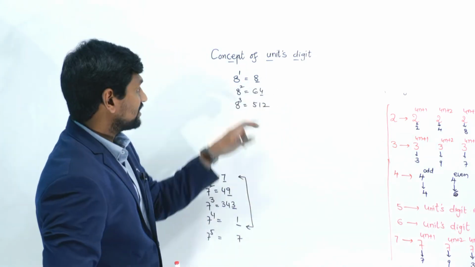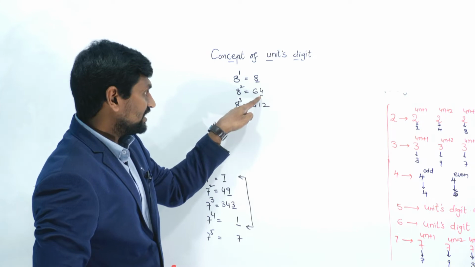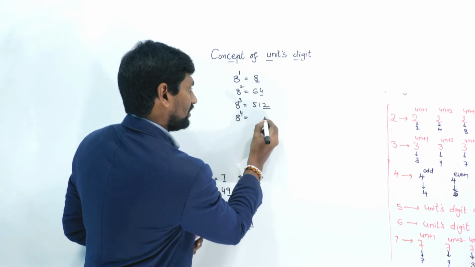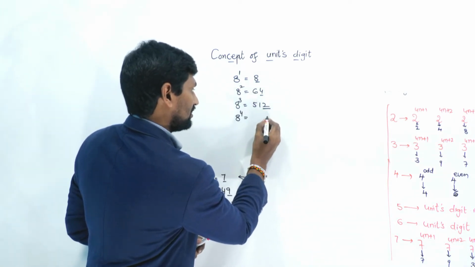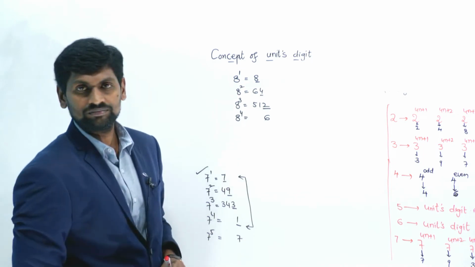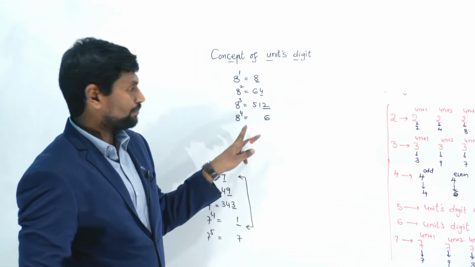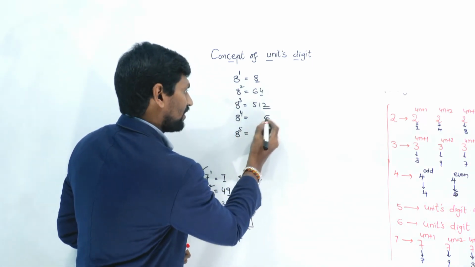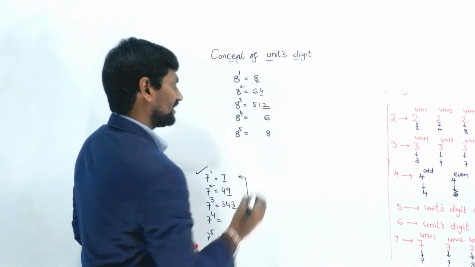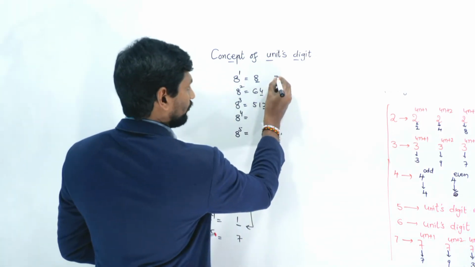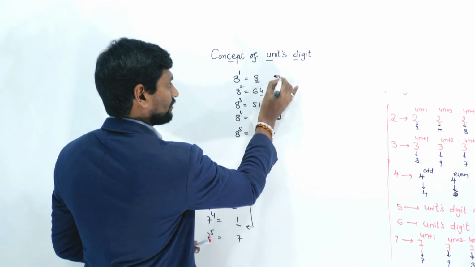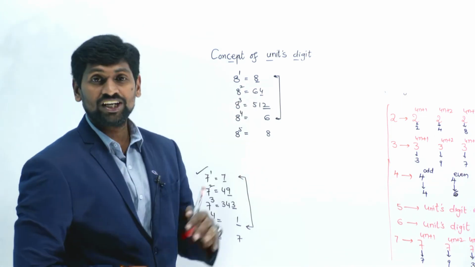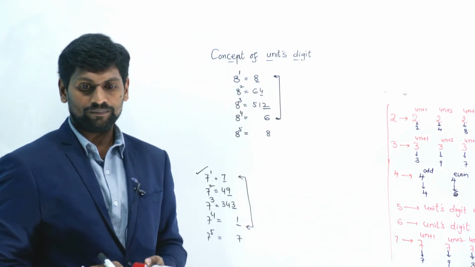So observe the unit digit. First unit digit is 8, second is 4, third is 2. Now 8 power 4 ends with the digit 6, because we multiply the last digits: 8 twos are 16, 6 ends. Same way 8 power 5: 8 sixes are 48, again 8. So after 4 terms, the concept of 8 also repeats. Am I right?